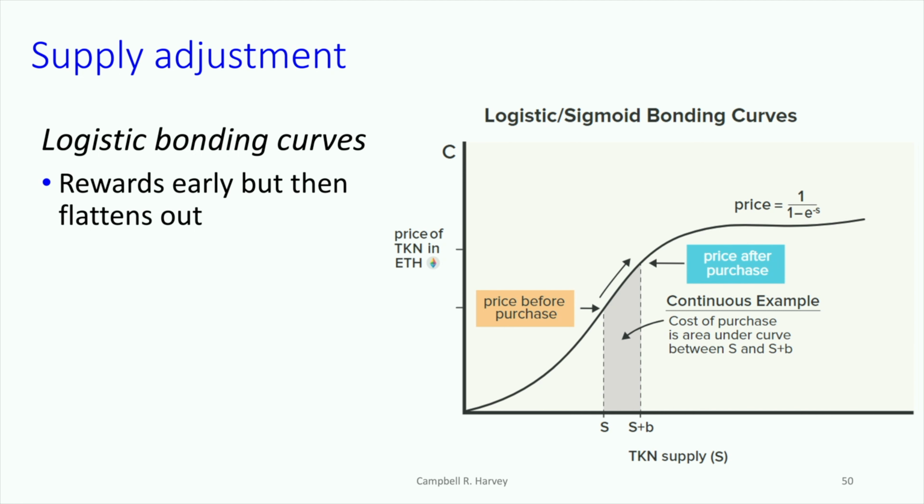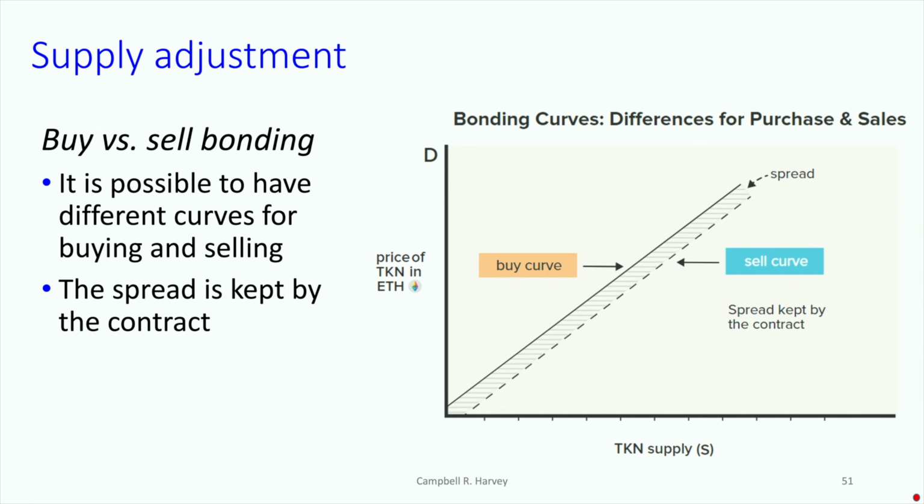However, the curve flattens out at some point, and that's what a logistic or sigmoid bonding curve actually looks like. It's much more common to have a function like this, where a lot happens within a narrow range. But the same idea applies as the previous examples.